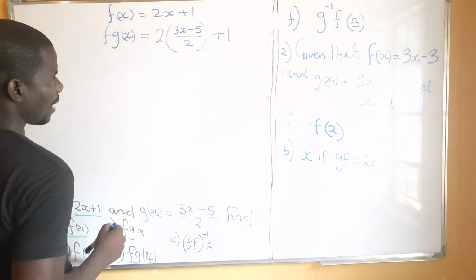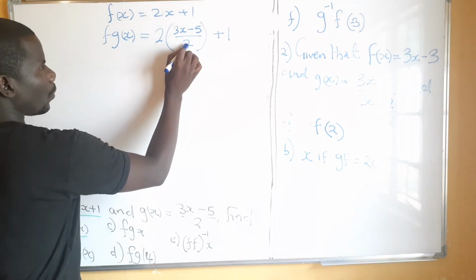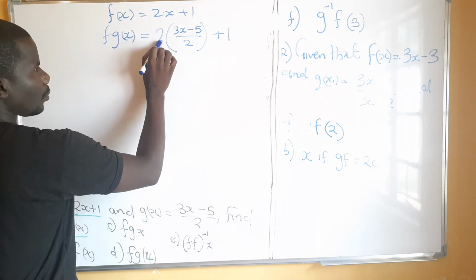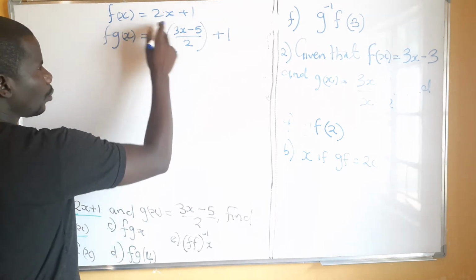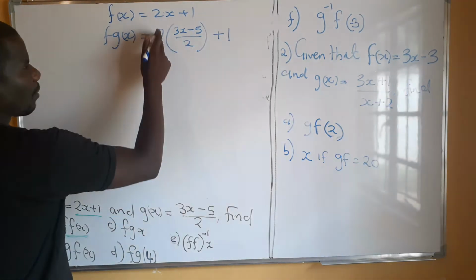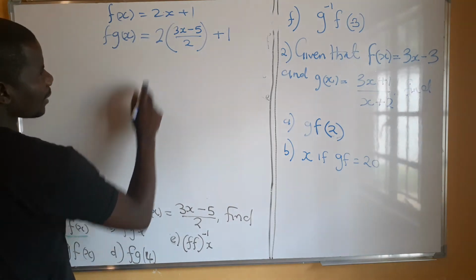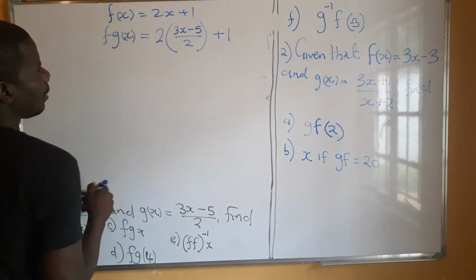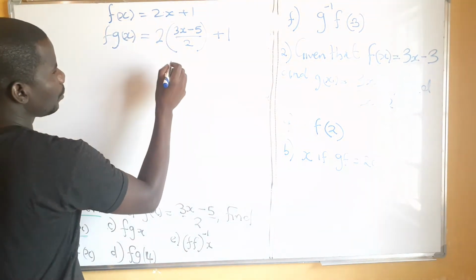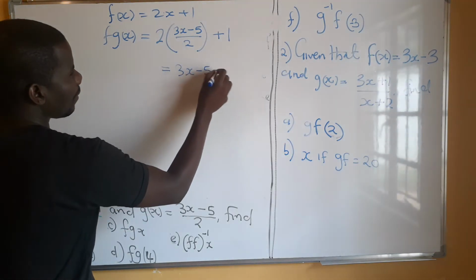Now, how do we simplify? You know that this function has a denominator 2, and then here we've got a 2. So this 2 and this 2 will simplify, because it's like we're going to have 2 over 2 here, which will give us 1. So we can get rid of these 2's, so that we continue to have 3x minus 5 plus 1.